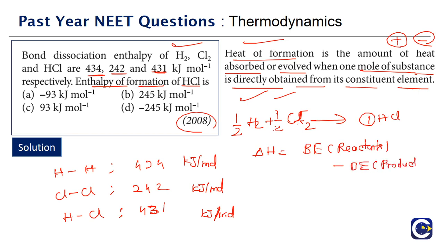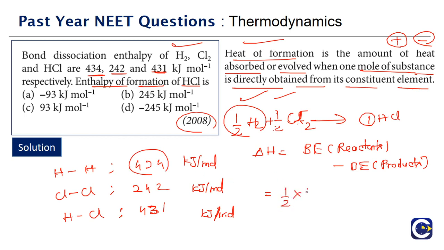This is a formula that in fact we have used in a couple of other problems also in the past year questions. Okay, now look at this. Delta H will be equal to what? Bond energy of the reactants minus bond energy of the products. So reactant side we have half a mole of H2. What is the bond energy of H2? The H-H bond is what? 434 kilojoule per mole, but we have only half a mole, right?